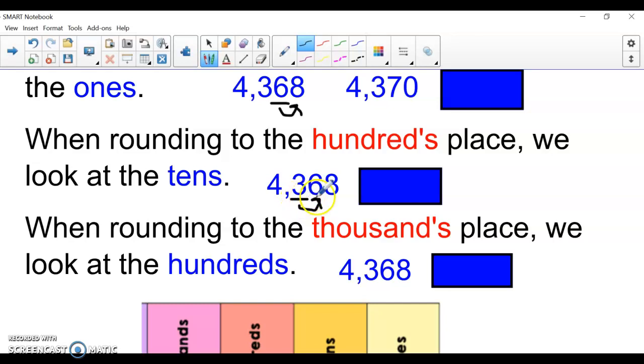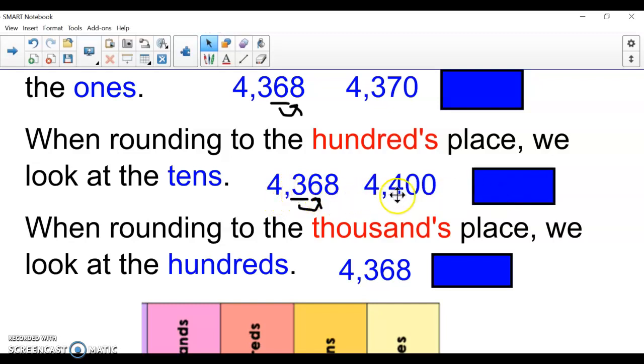Halfway in between 300 and 400 is 350. So this 368 is closer to 400 than it is to going down to 300. We would round that up to 4,400.